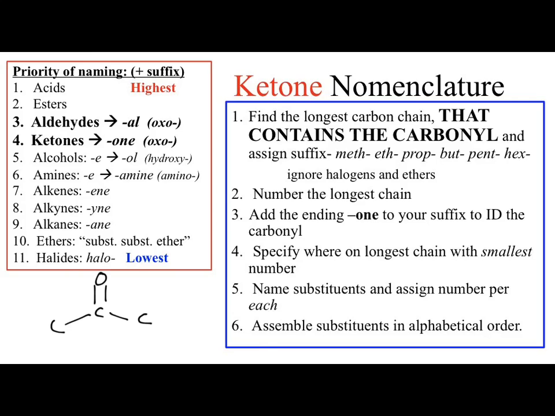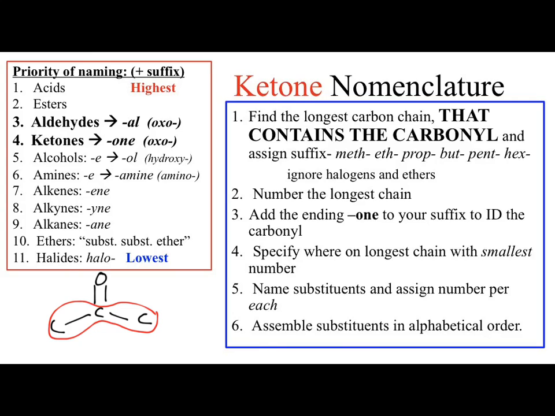Just like with alcohols, it doesn't have to be at the beginning or the end of our carbon chain, and in fact, it will have to be in the middle, because we've got carbons coming off the other end. In our IUPAC way of naming, in the example that I've got quickly drawn there, we would identify those 3 carbons as our main chain.